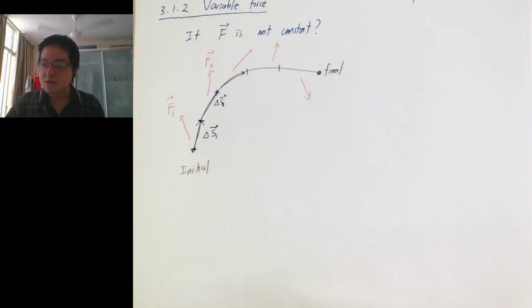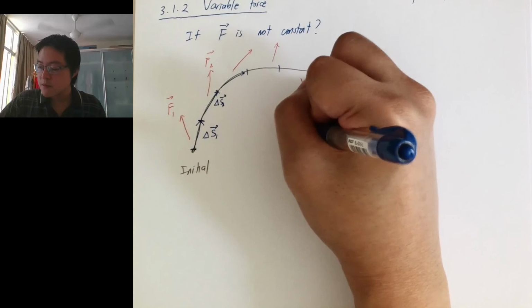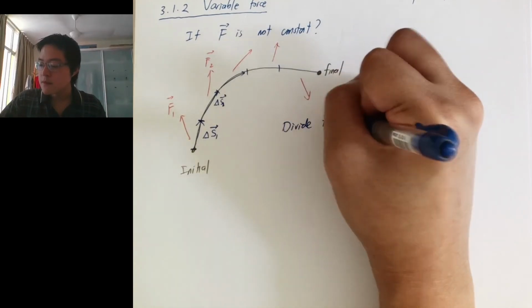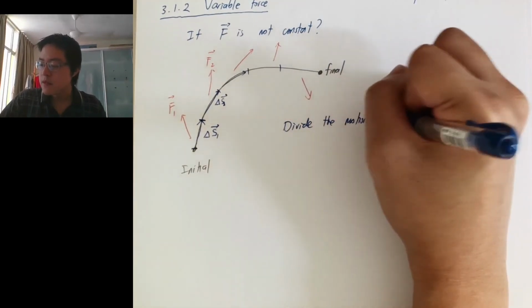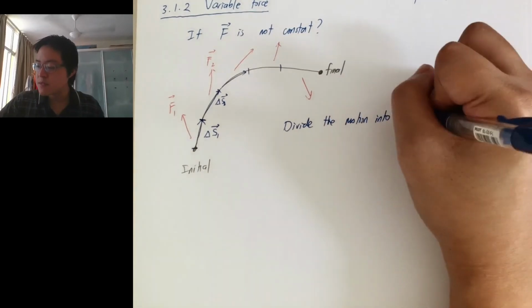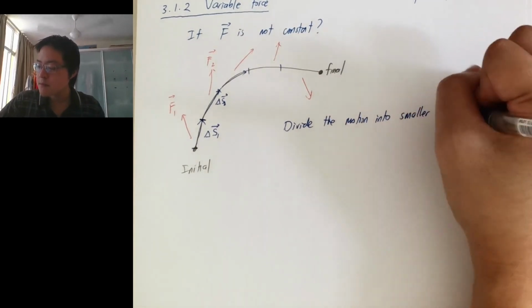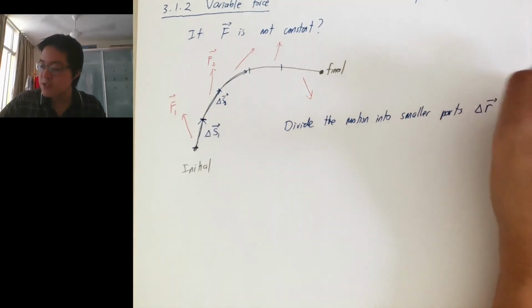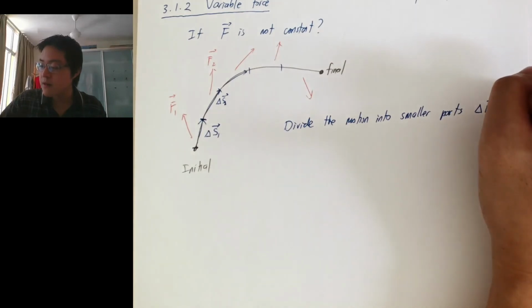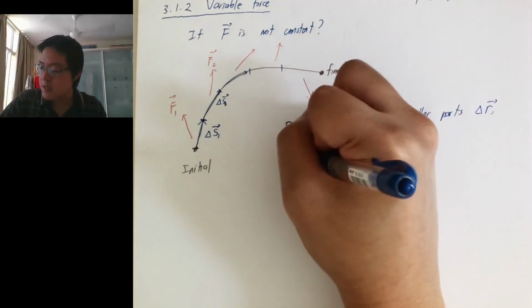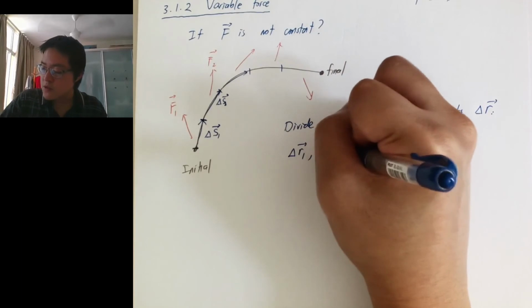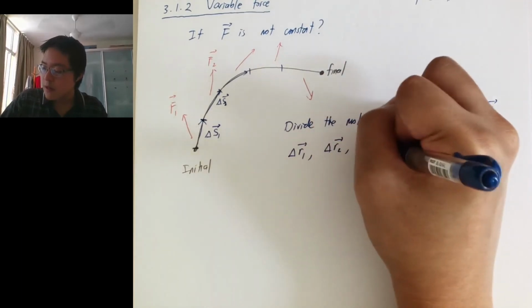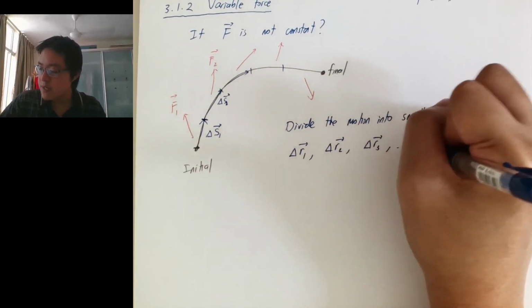So we divide the motion into smaller parts. I have my displacement, which I should call r, so the smaller parts are delta r1, delta r2, delta r3, many pieces.